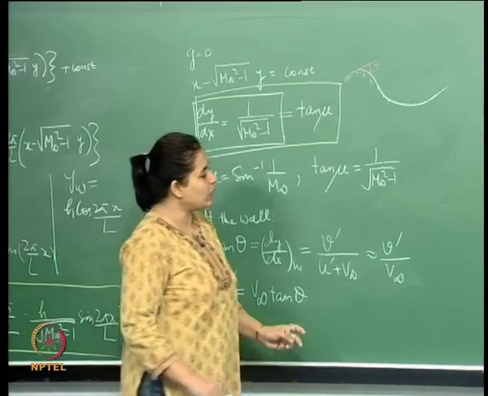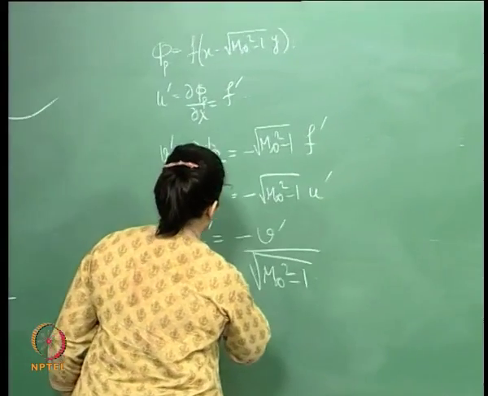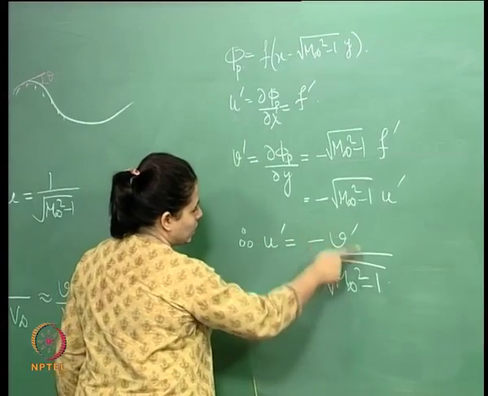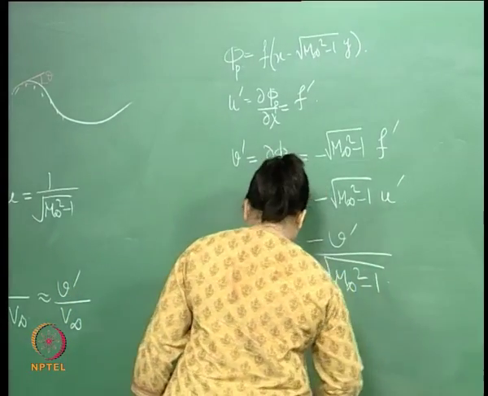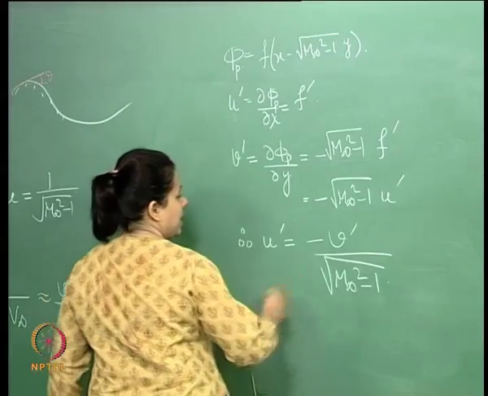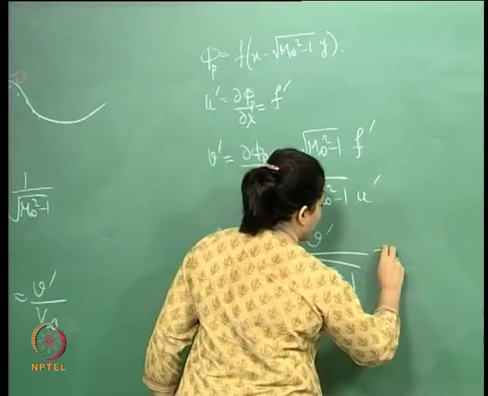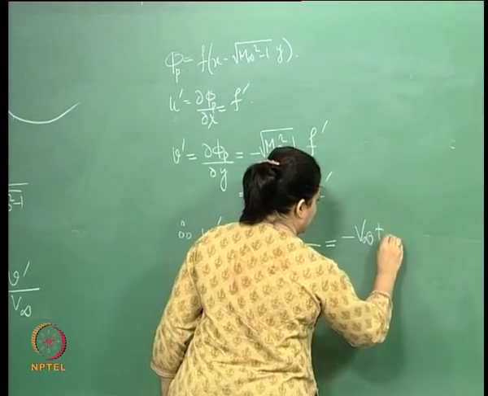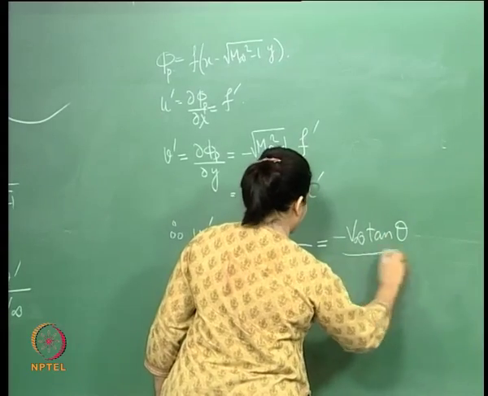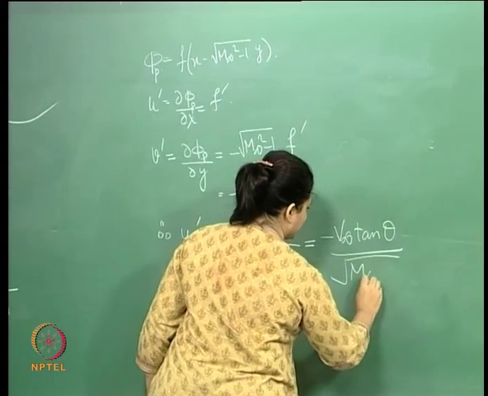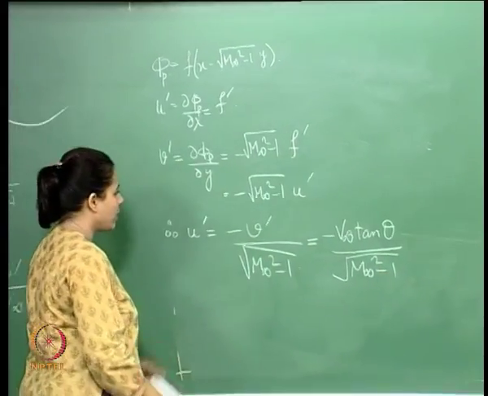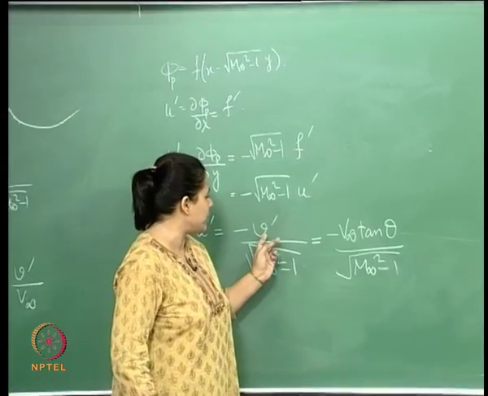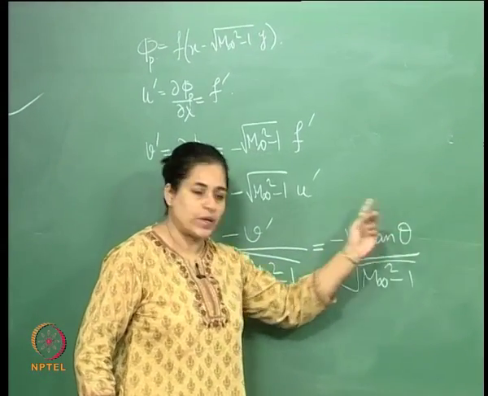Okay, so now we've written here that the u component of the perturbed velocity is equal to this. And therefore we can also write this v dash as this, because this can be written in terms of the physical slope of the wall.